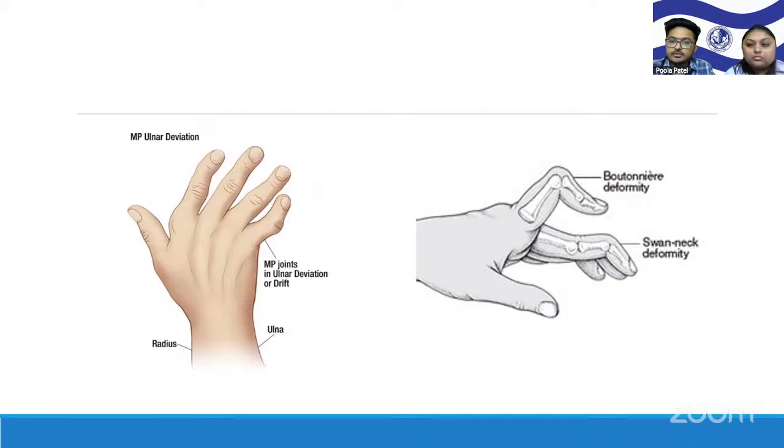In this image, there are articular manifestations which are seen. In the first image, there is ulnar deviation of the hand, and in the second image, boutonniere deformity and swan neck deformity are seen. In boutonniere deformity, proximal interphalangeal joint hyperflexion occurs, and in swan neck deformity, the distal interphalangeal joint is involved, sir.